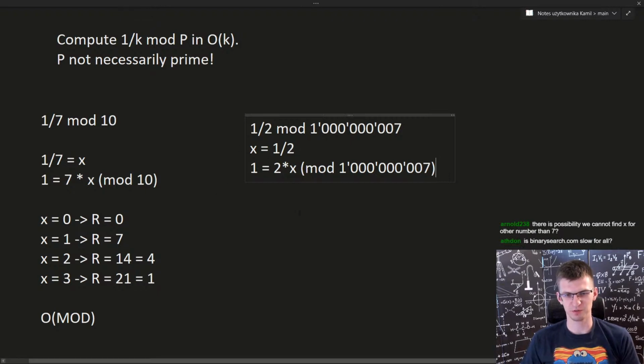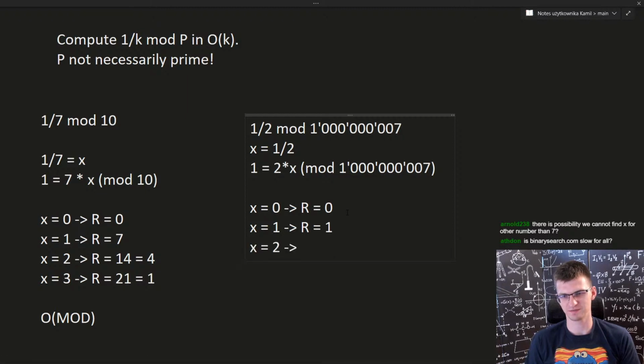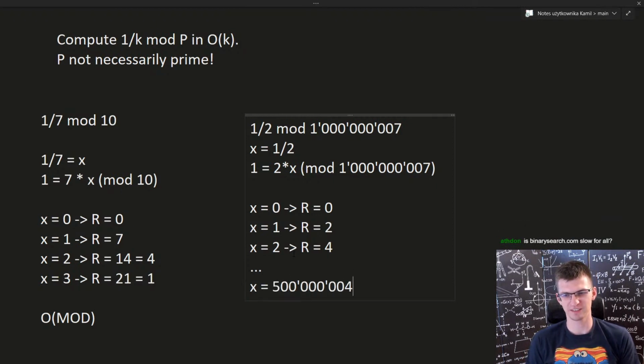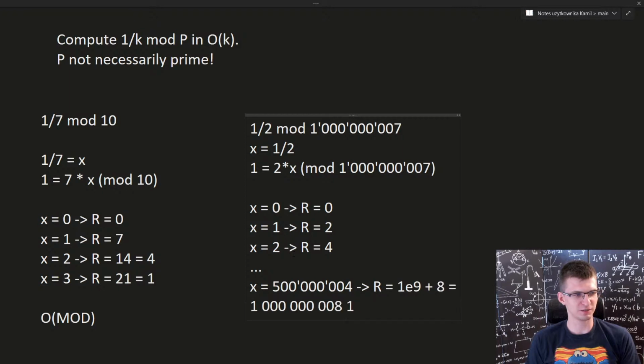Using this method, x is 0, the right side is 0. x is 1, the right side is 2. And so on. We would need 500 million steps to eventually get x equal to 500 million something. Eventually for this x, the right side is equal to 1,000,000,008, which is equal to 1.